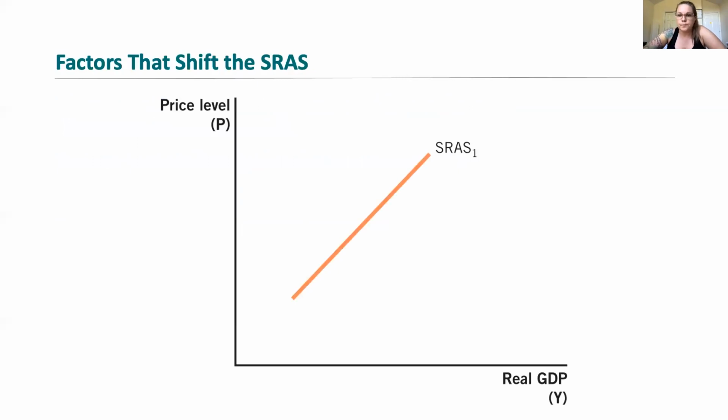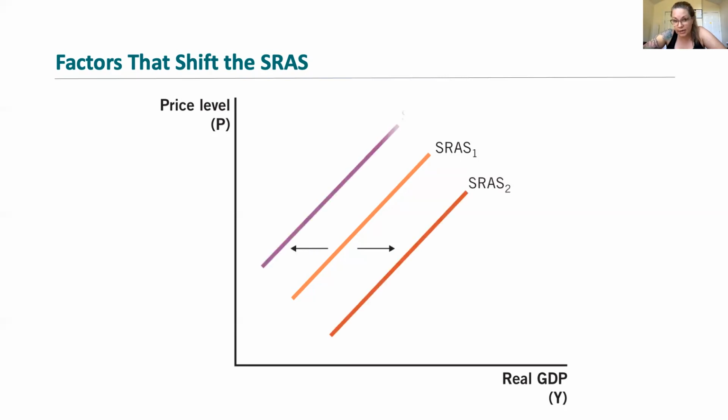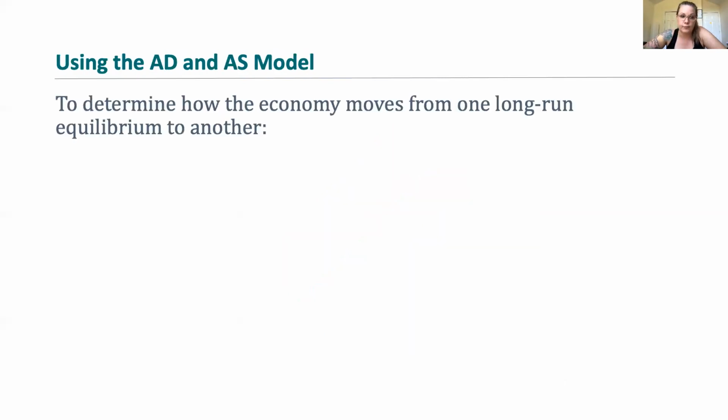So we can see that the short run aggregate supply is upward sloping, similar to the traditional supply model, and that increases in short run aggregate supply shift that curve to the right, while decreases in short run aggregate supply shift that curve to the left.